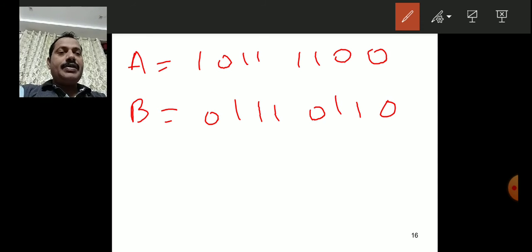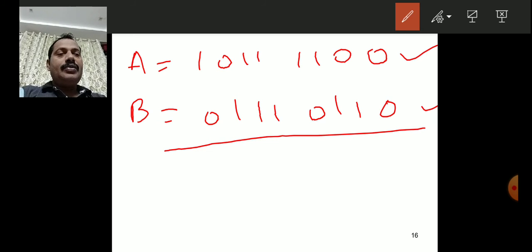Number A is this, number B is this. So how many full adders are needed for each pattern? One full adder. Total 8 full adders are needed to add this.